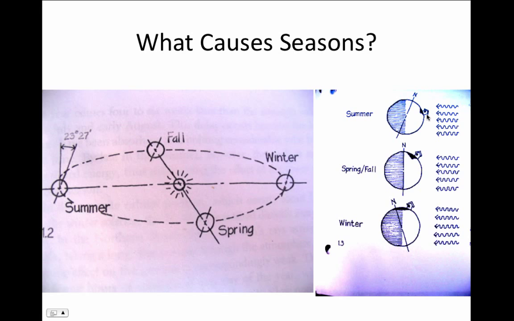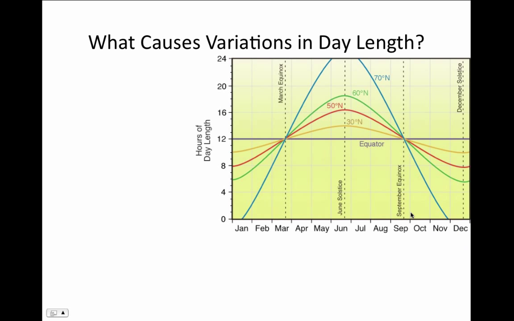In summer, you can see the sun is coming directly onto this location. Spring and fall, it's a little further up. In winter, it's actually tilted away from the sun, and so it gets less energy per square foot.